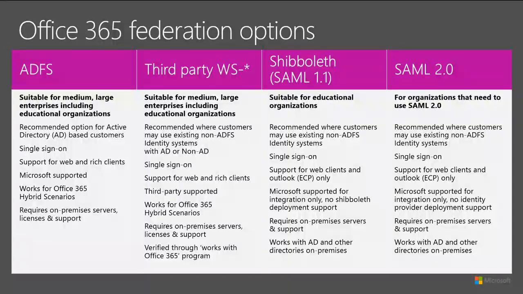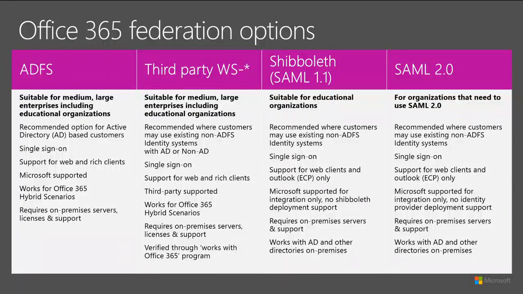There is support for web and rich clients. Now, this is third-party supported, so what we mean by that is Microsoft supports the portion that is Microsoft's tools. The other tools in that scenario of the third party are supported by that third party, so that's very important to understand. We do verify those through the Works with Office 365 program, which you'll see in a few minutes. I'll be talking a little bit more about that.